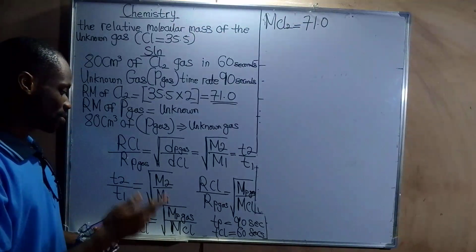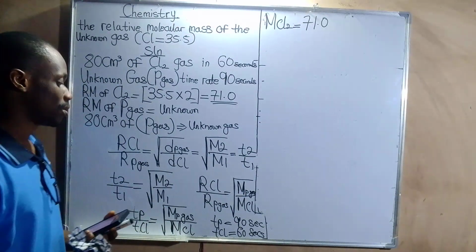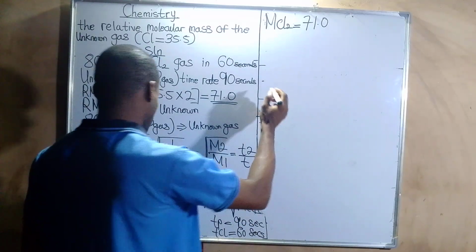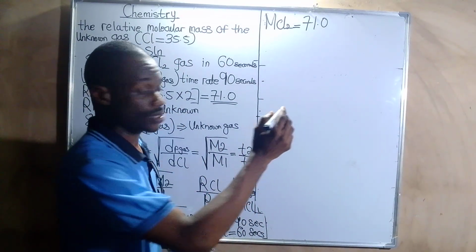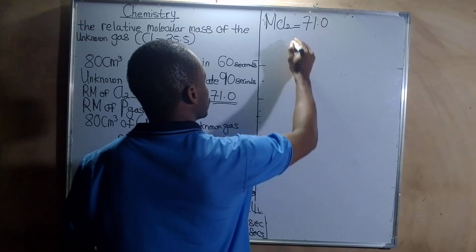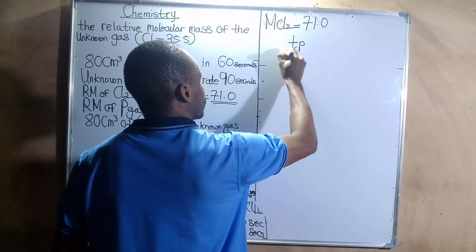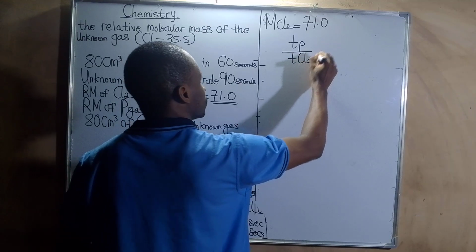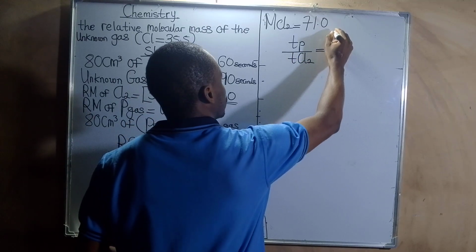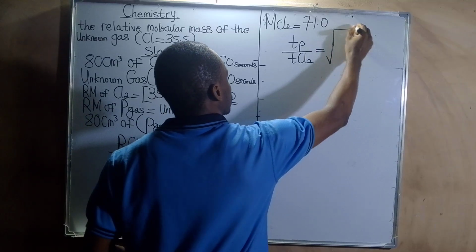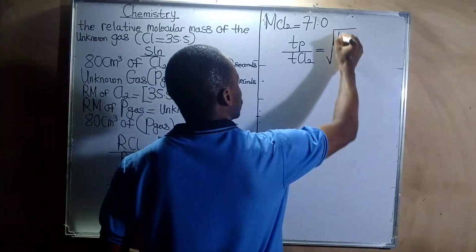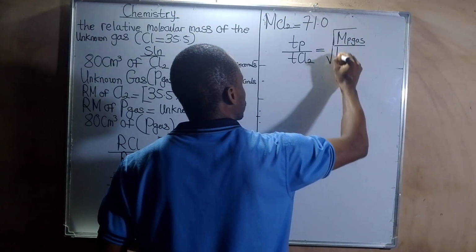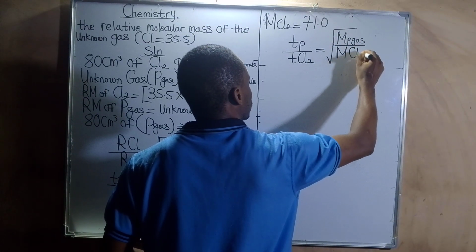So now, solving with this formula, we are looking for MP itself, the mass of the unknown gas. So we say TP over T chlorine equals, all in square root, MP over the mass of chlorine diatomic.